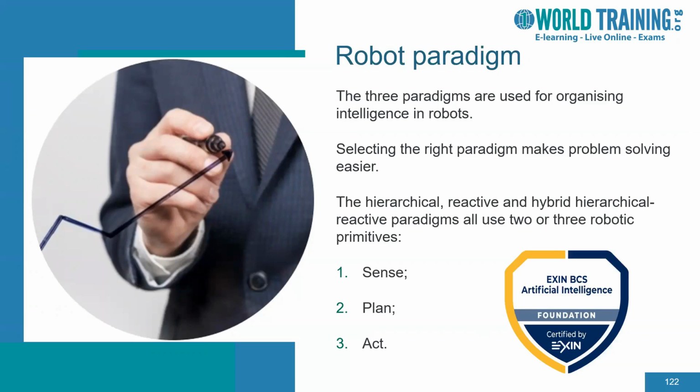So the robotic paradigms are three: hierarchical, reactive, and hybrid hierarchical reactive, and the three primitives are sense, plan, act. Primitives are like the kind of actions which are taken by these paradigms.